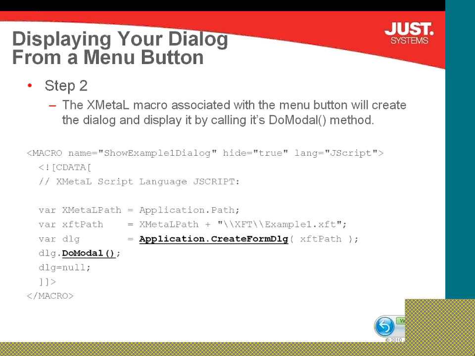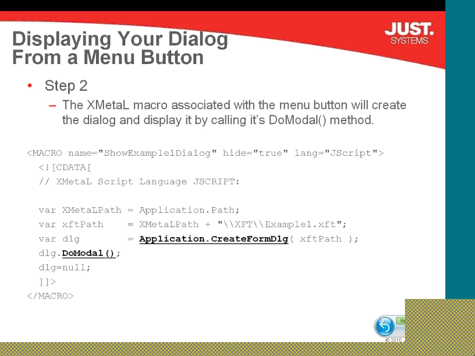So here's the code for our example 1 macro, and all it does is build up the path to where the XFT file is. The XFT file is the file that contains all the code for your dialog. It defines the dialog, and you pass that path into an application method called createFormDialog.